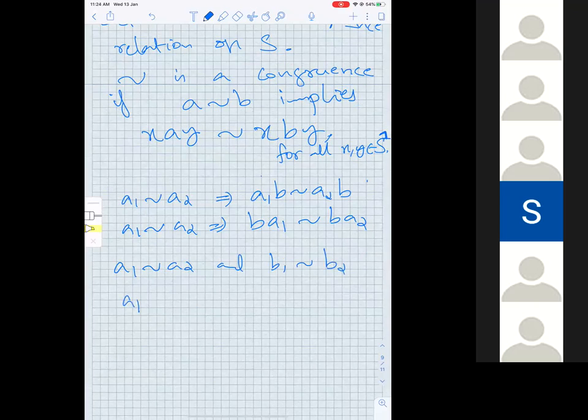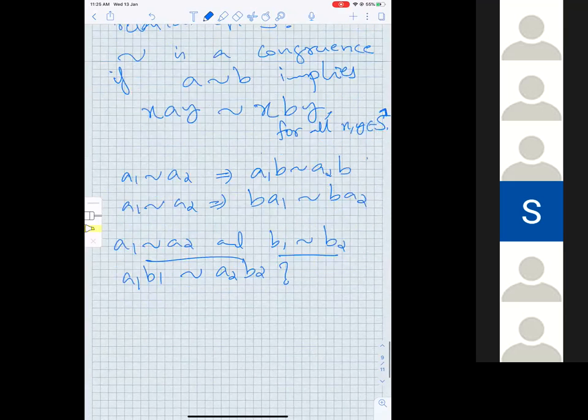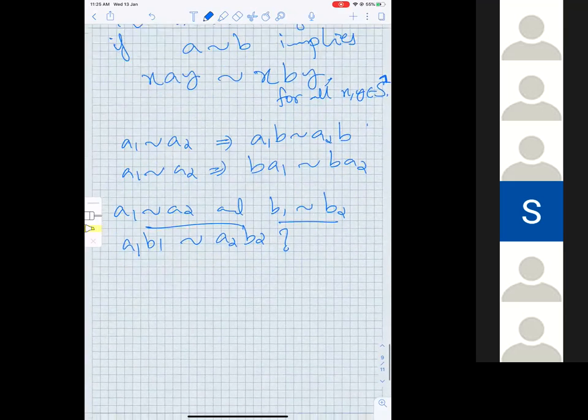Can I say that A1 B1 is tilde A2 B2 according to this congruence relation? I think we can. Why?